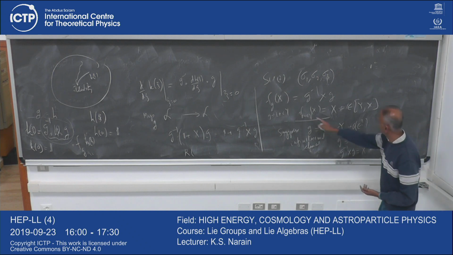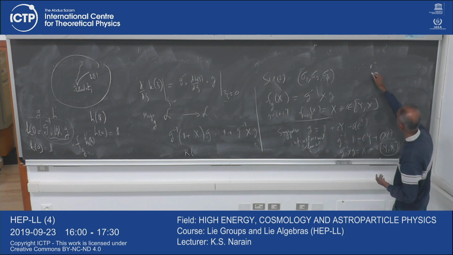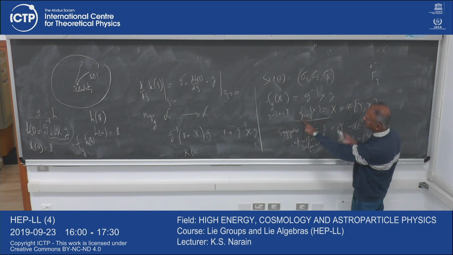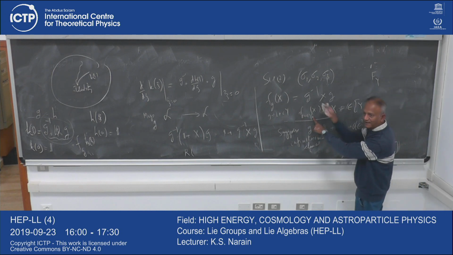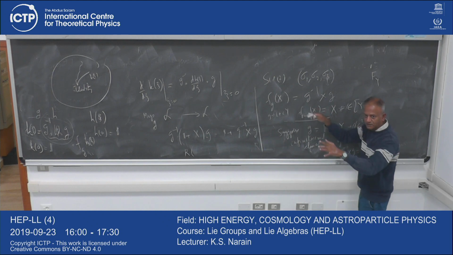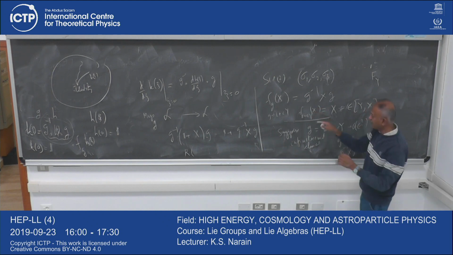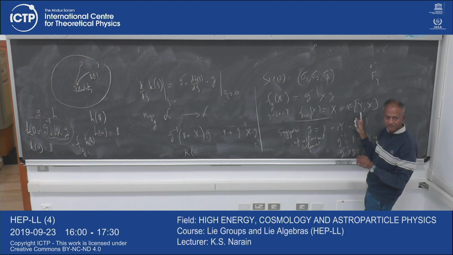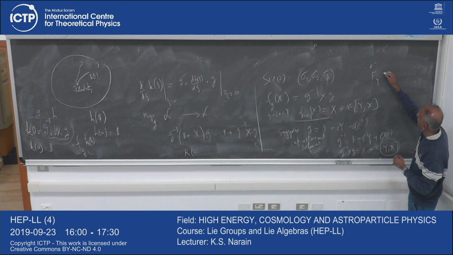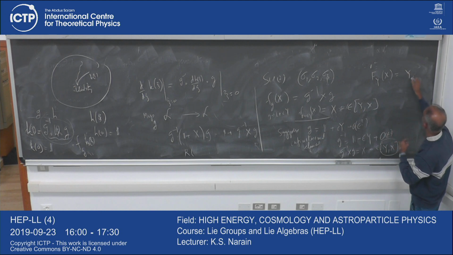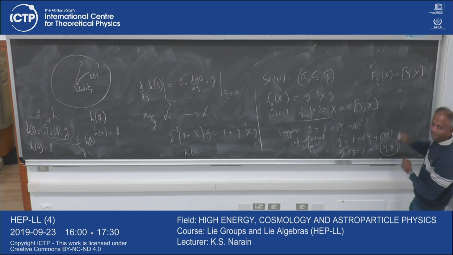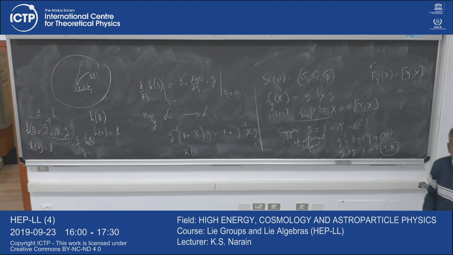So I can define a new function f of y, because here the identity is fixed. All you're changing is y, considering different y's. For each y, we have a map. So f of y acting on x is simply the commutator of y with x. I define this.